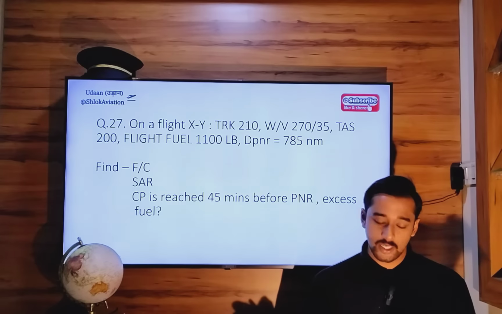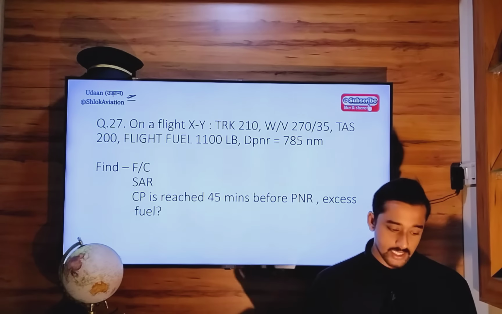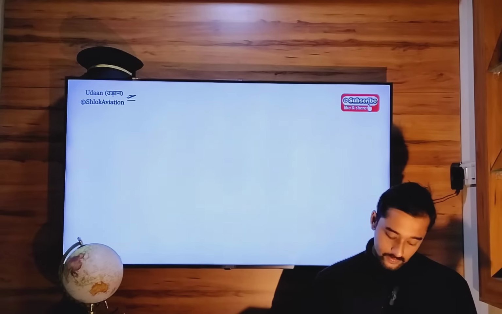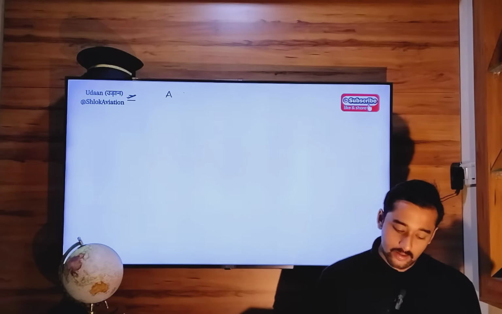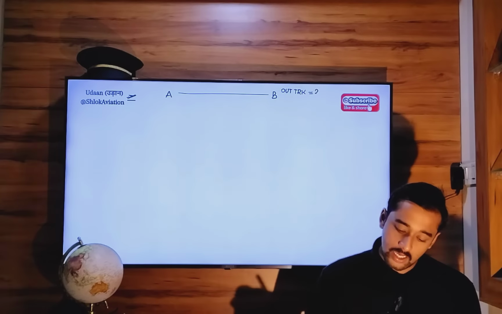Next, a similar question. Here they have given us flight fuel and they have asked everything is the same except the distance to PNR. Again, A to B, our outbound track is what? 210.